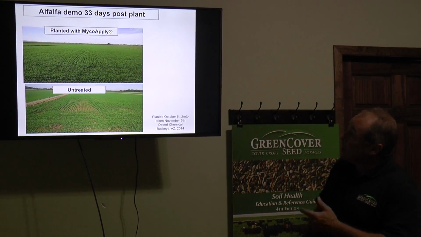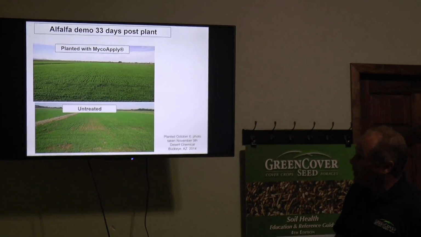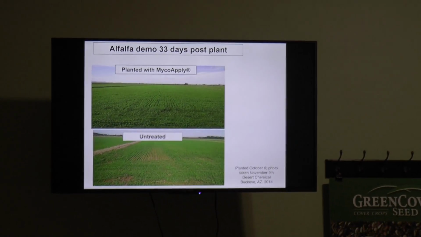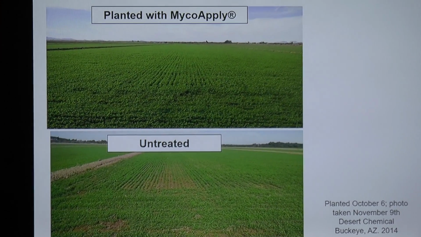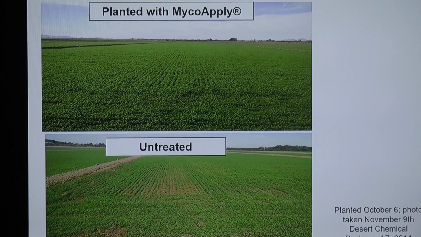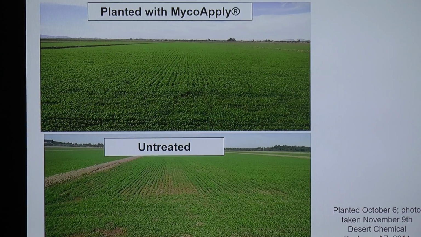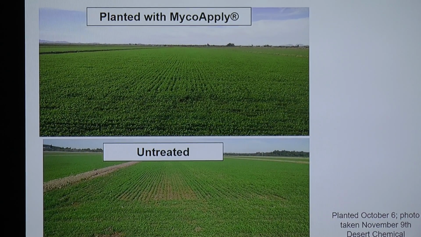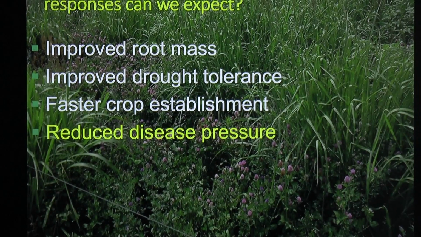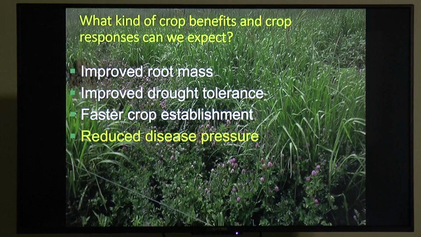You can see this picture from an alfalfa field in Arizona, treated, untreated, big difference in how fast that crop established. The biggest differences in establishment rate will be on perennial crops, like alfalfa, native grass, fruit trees. Big difference in perennial crops, but also a difference in annual crops as well.